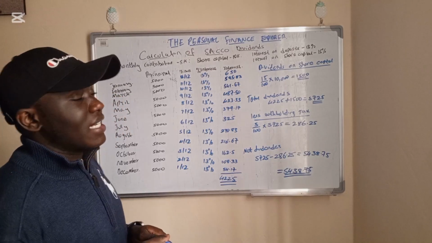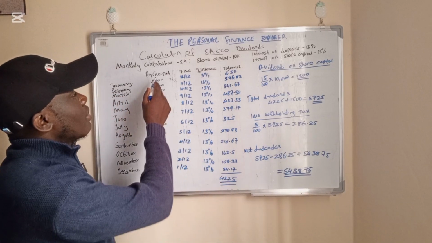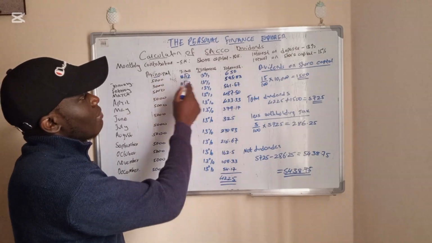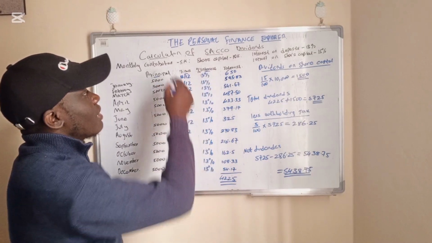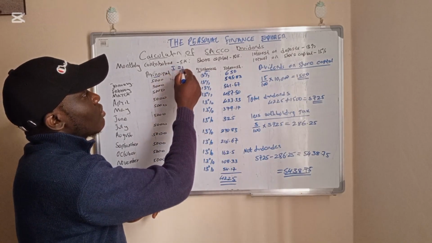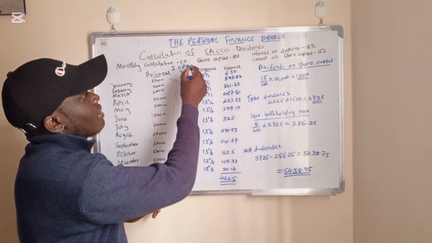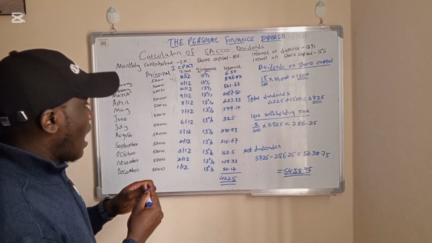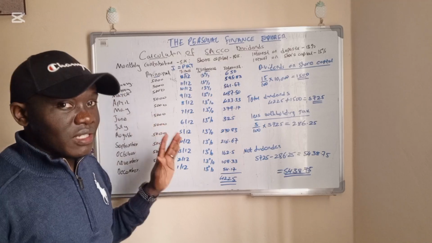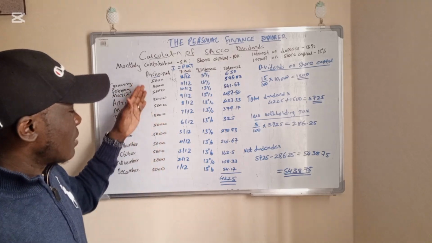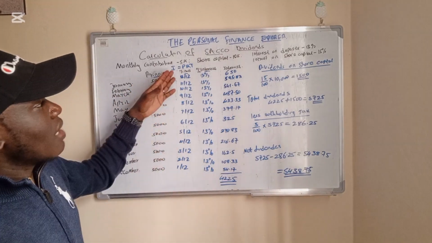We know that interest is a product of principal times time times the rate, that is, interest is equal to PRT. Our principal is fixed because you are contributing 5,000 per month. Then we have time here.